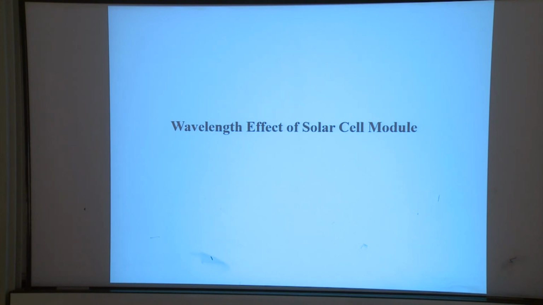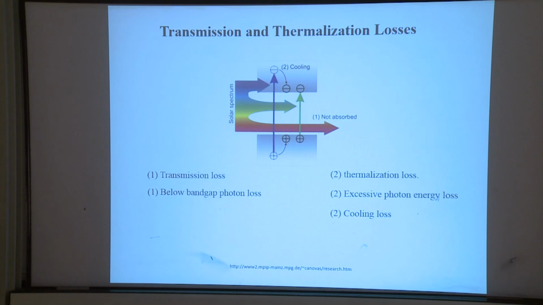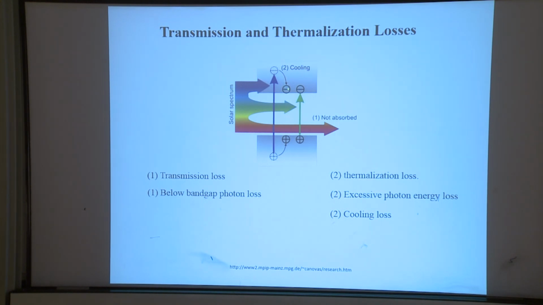And we pretty much talk about the wavelength effect of solar cell module. For light with long wavelengths, it can not activate the electron excitation, so it's transparent. All right. So green light may be good enough, exactly good for the excitation of electron-hole pairs.